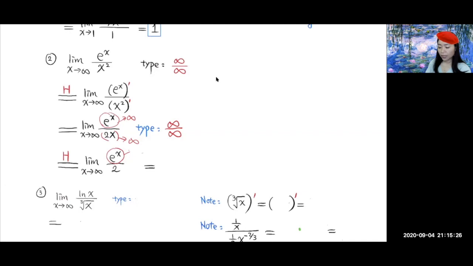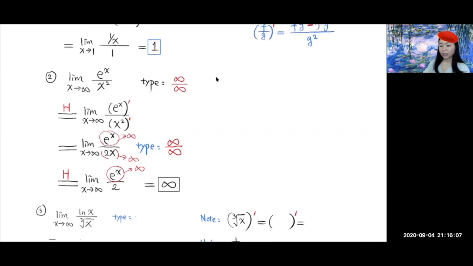Now, what happened over here is, as x goes to infinity, e to the x goes to infinity. So the numerator goes to infinity, and the denominator stays the same, 2. So this whole thing will go to infinity. So the answer here is positive infinity.